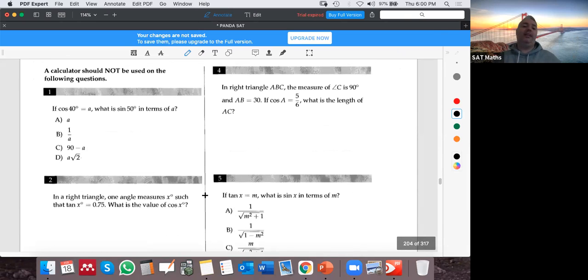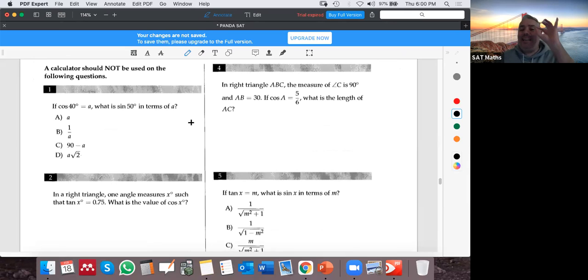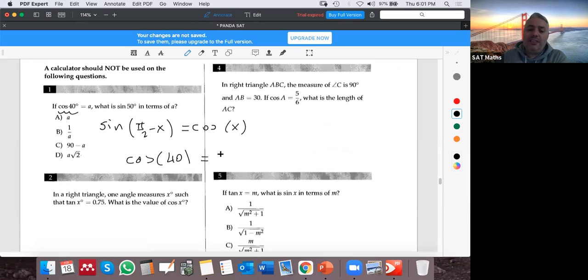Finally, let's solve a question. Now, at the beginning of the lesson, do you remember I told you that sine of 90 minus x is cosine of x? So can you tell me cosine of 40? Isn't it equal to sine of 90 minus 40?